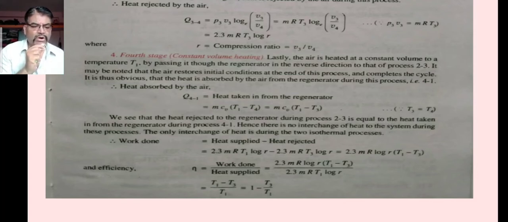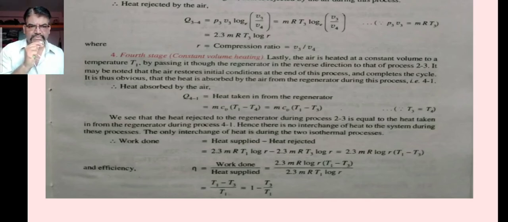That is why the cycles are called gas power cycles, also called air power cycles, with its original position at point 1. Therefore process 1 to 2 is isothermal expansion, process 2 to 3 is constant volume cooling, process 3 to 4 is the third stage, that is isothermal compression, and process 4 to 1 is constant volume heating.